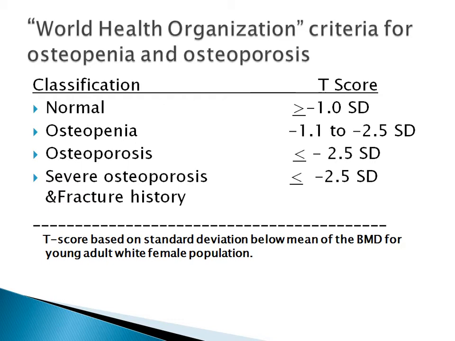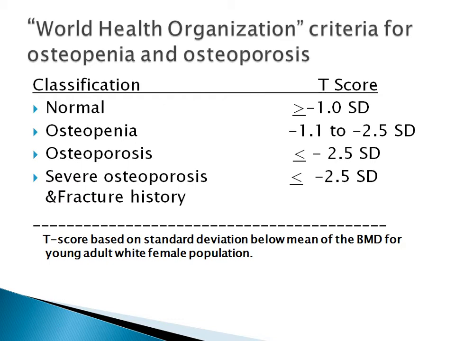Normal T-score is greater than or equal to -1 standard deviation. So if you had a T-score of -1, that would be normal, but anything less than that is low.